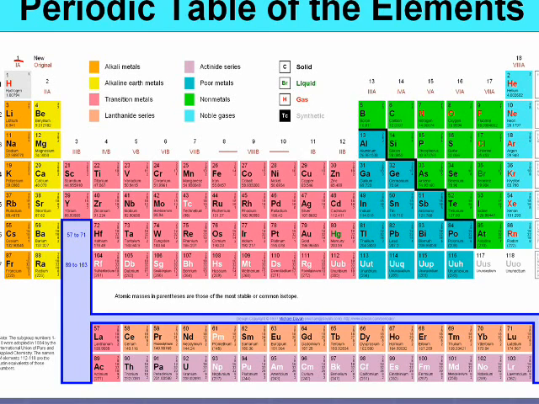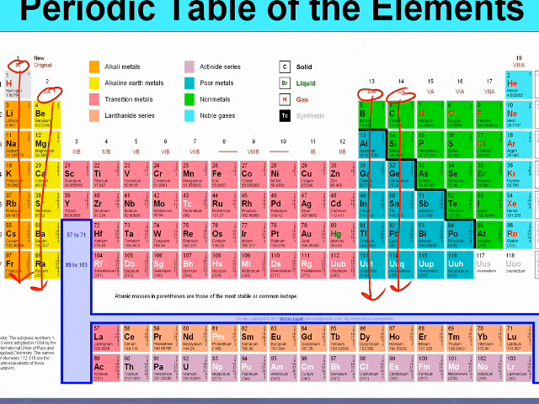Those in group 1A have 1 valence electron, so they have 1 electron in their outer shell. All of these have 1 electron in their outer shell. Group 2A, they have 2 electrons in their outer shell. Now we're going to skip over the transition because they're kind of quirky and different. Let's go to 3A. These guys have 3 electrons in their outer shell.